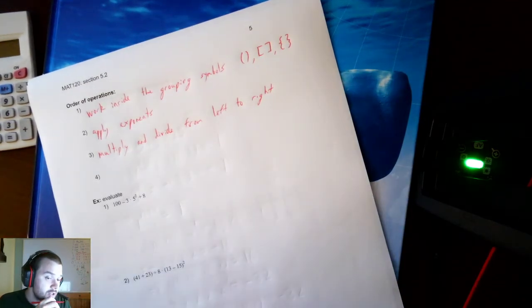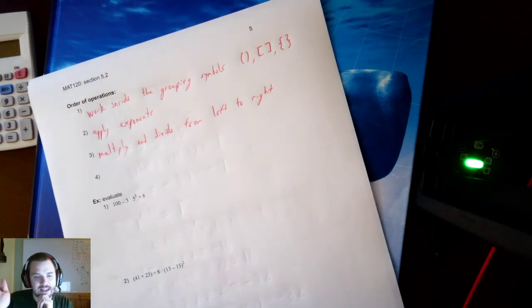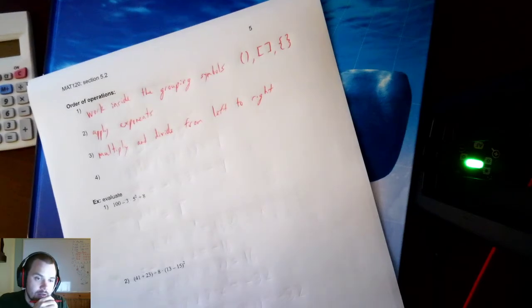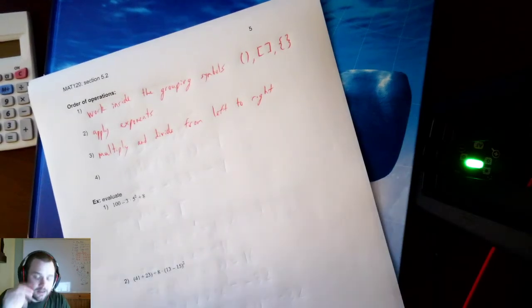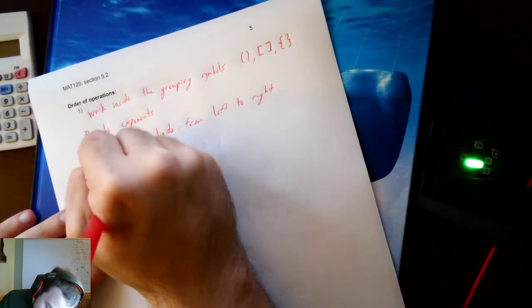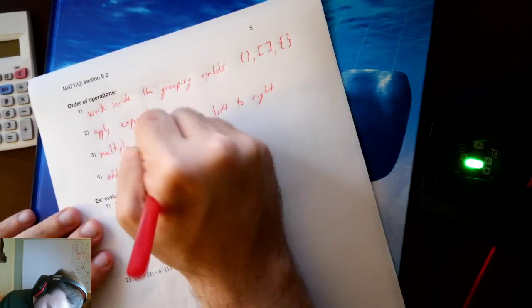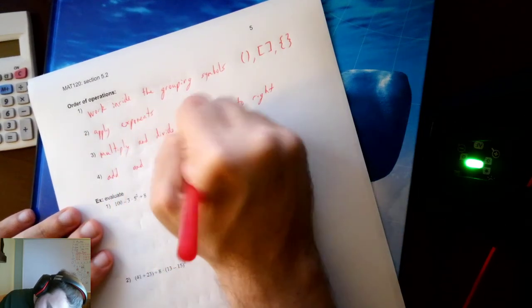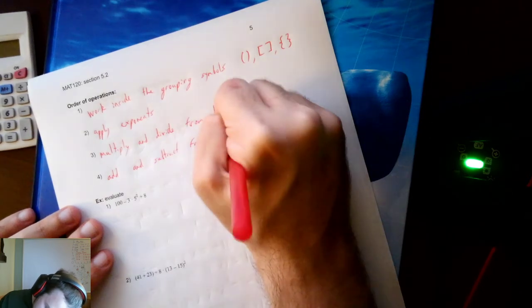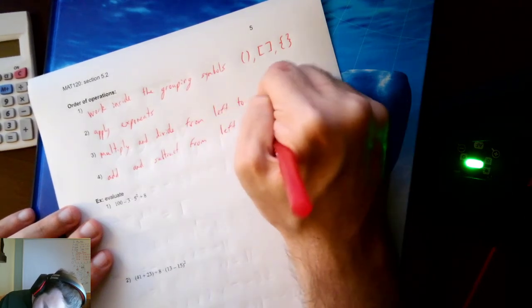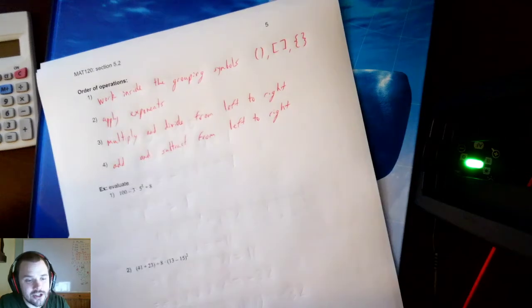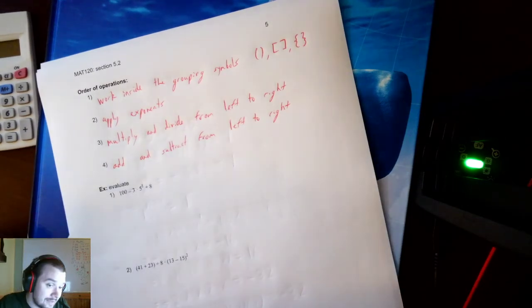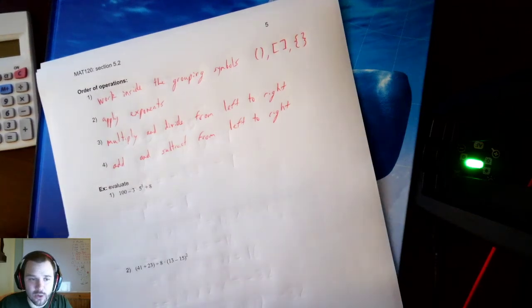Which one do you do first? Whatever's on the left. You work left to right. Then, the last step, we add and subtract from left to right. And just like with multiplication and division, you don't add first unless it's on the left first. You always go left to right.